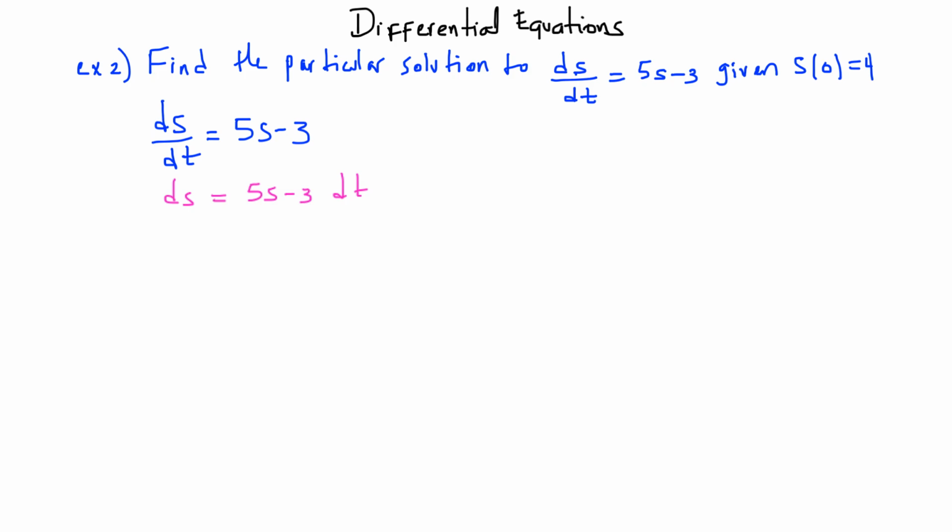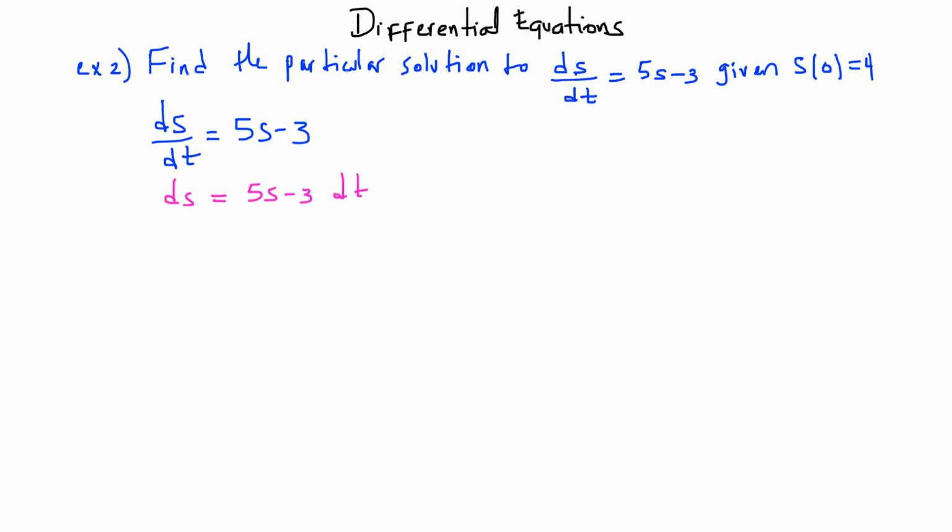Now at this point, this poses a problem for some students because the next thing would be to move things around so that the s's go to ds, and everything else goes to dt.